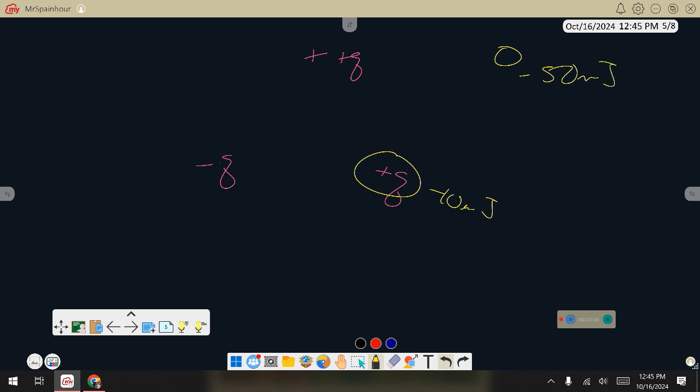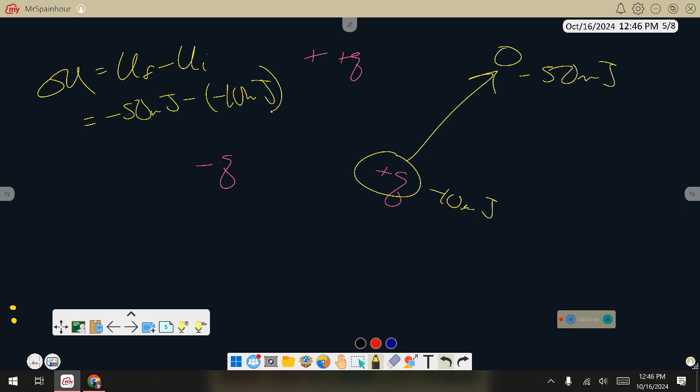Which spot is more likely? Negative 50 millijoules. And if it moves between these two locations, what's the change in potential energy?